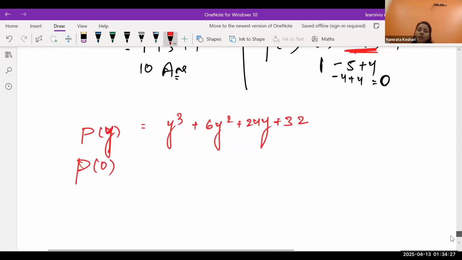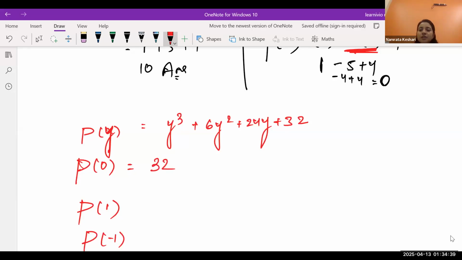So P of 0 will be 0, 0, 0, 32, right? Yes, Afan. Will it be 32? Yes. Okay, what about P of 1? Please do it. 62.